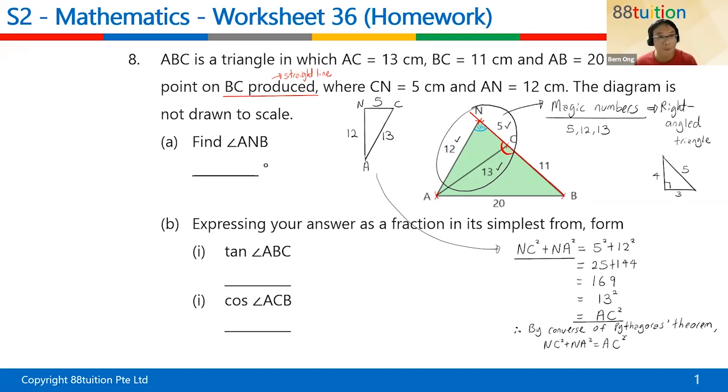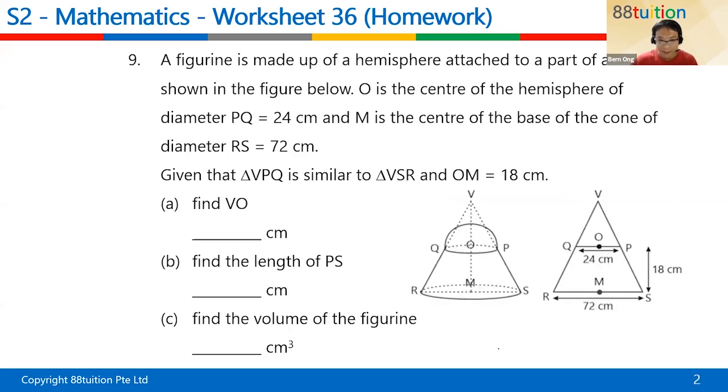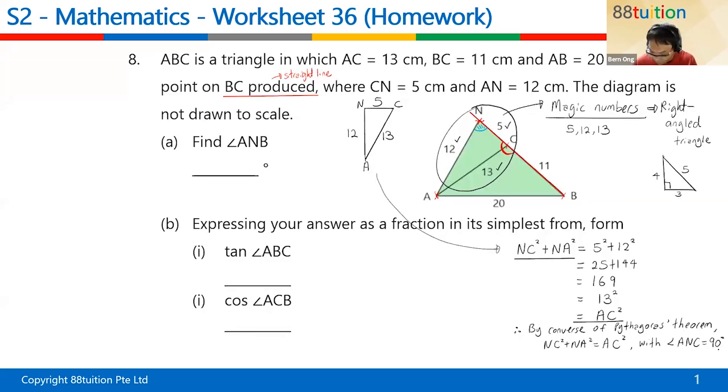So you're proving a right angle triangle, you must say the words by converse of Pythagoras. Then down here you can say that with angle A and C as 90 degrees. So children, this is the format for proving a right angle triangle.